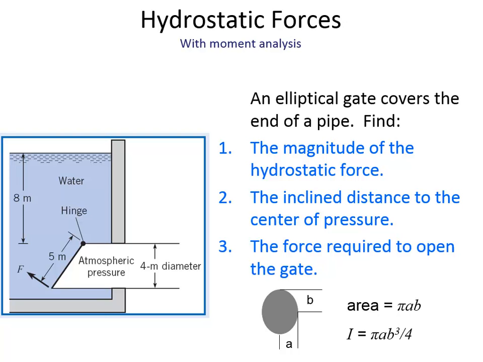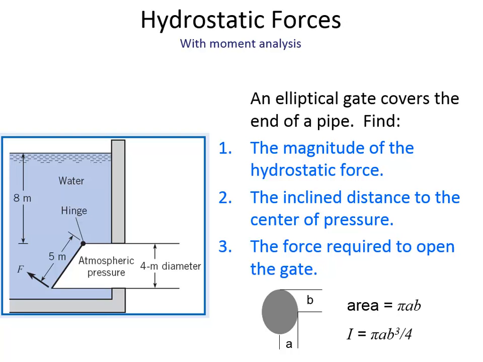If you have this can and you cut it at an angle, then the shape that has been cut is an ellipse, and that's the shape of the gate here. It has a total height from top to bottom of 5 meters, and then the 4-meter diameter that's given here tells us what the width of it is going to be. Okay. So in this one, we're going to find the magnitude of the force that's acting on the gate, this gate that's keeping water from going inside of the pipe.